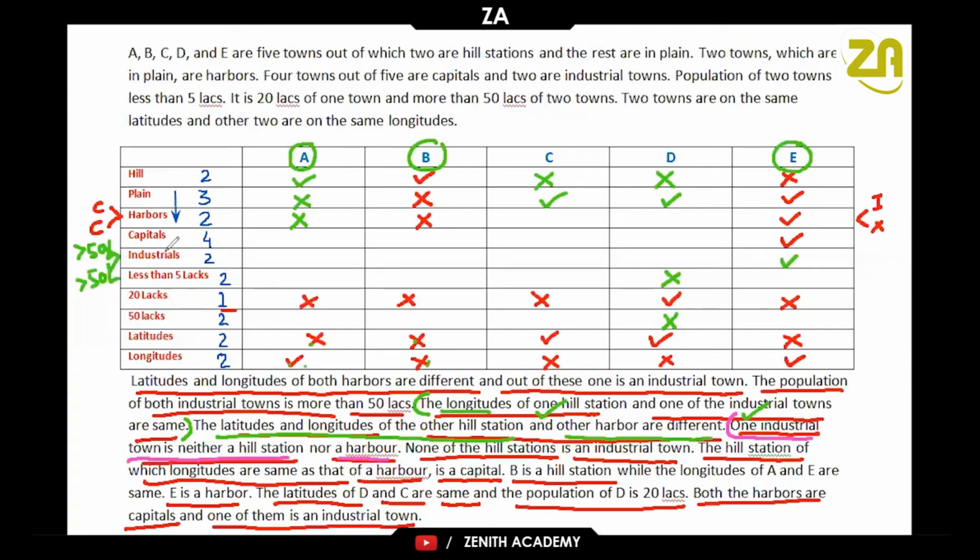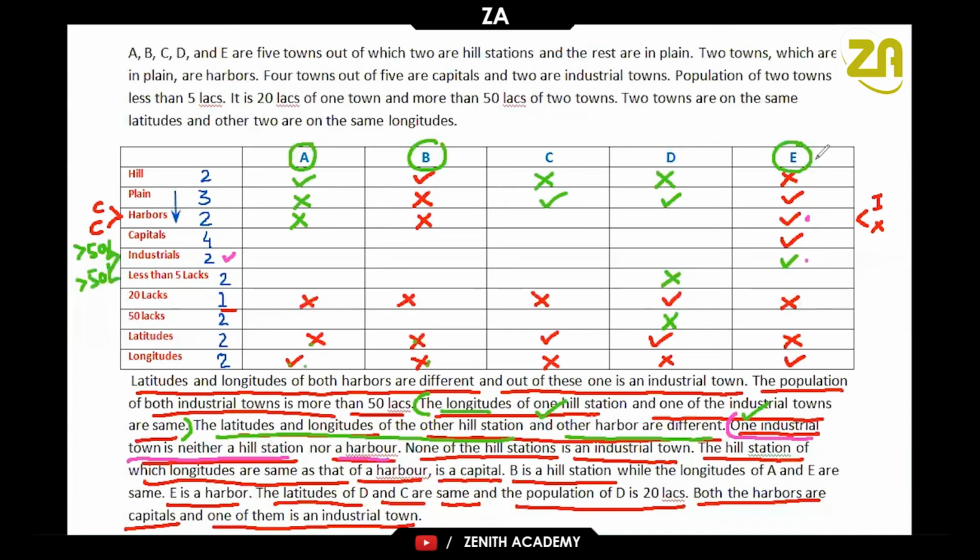Look here, there are 2 industrial towns and you decided this one industrial town. You already decided that E is industrial. Now take one industrial town is neither a hill nor a harbor, but see, E is a harbor. It means one industrial town which is neither a hill nor a harbor.